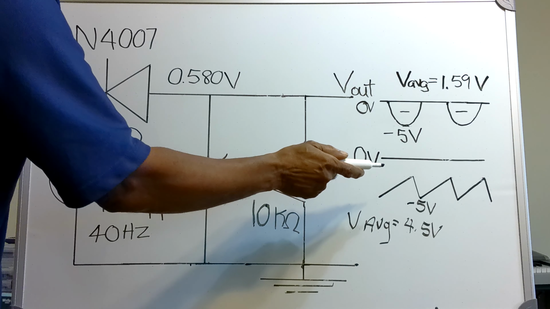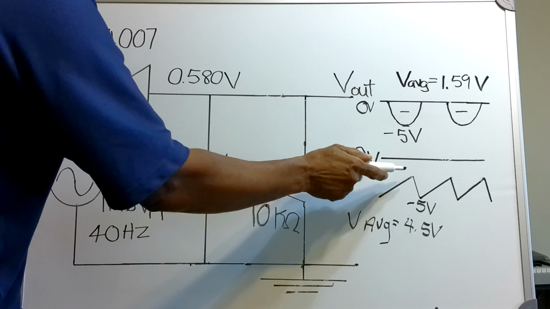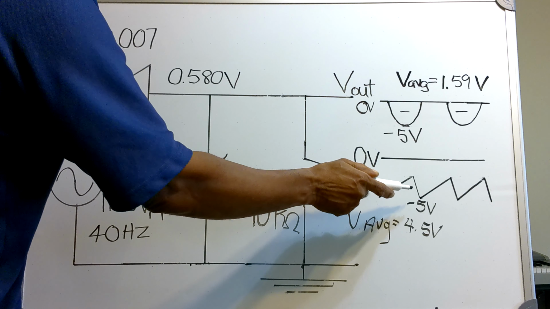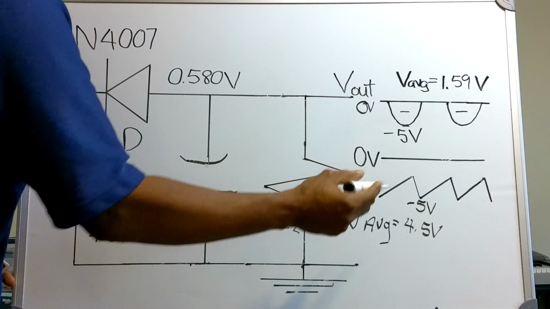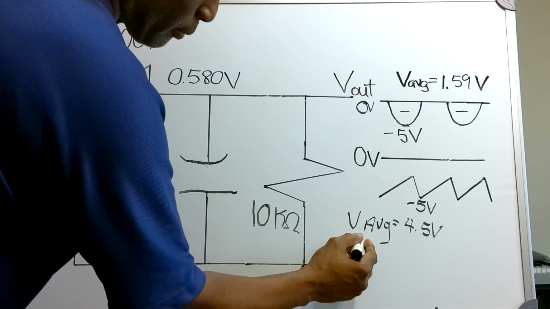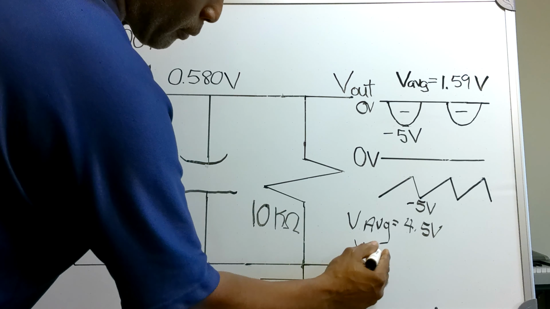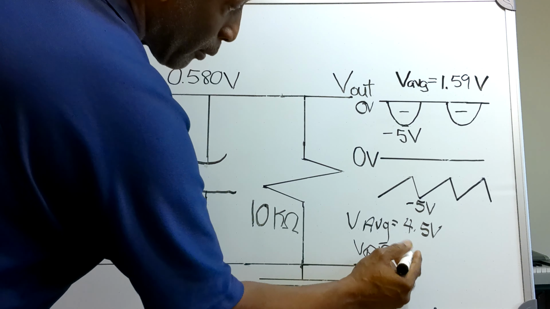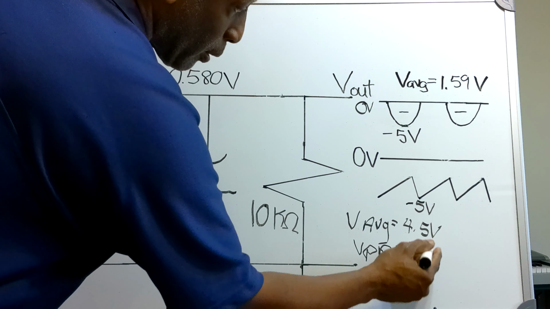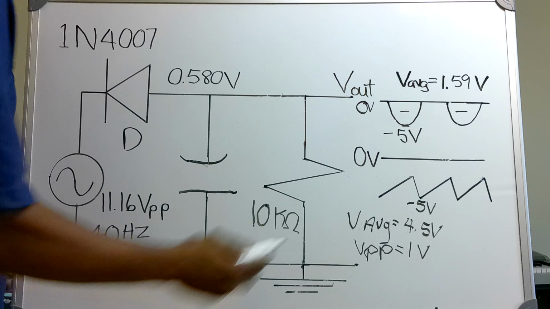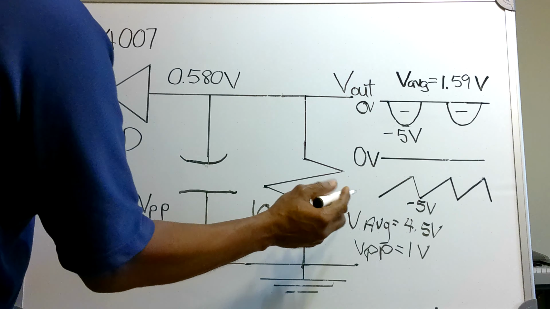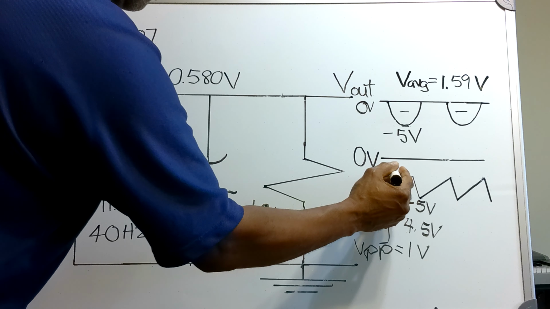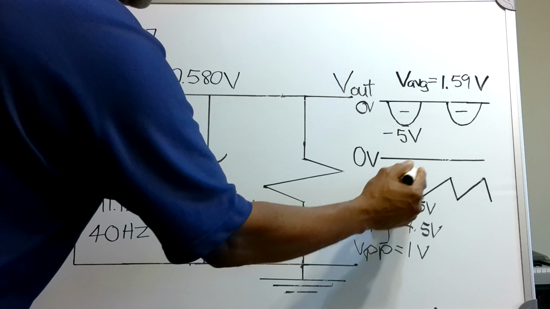And I also want the peak-to-peak signal right here to have a peak-to-peak signal of 1 volt. Which means that this top peak right here will be -4 volts.